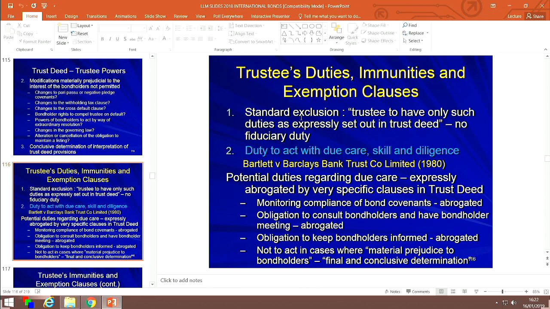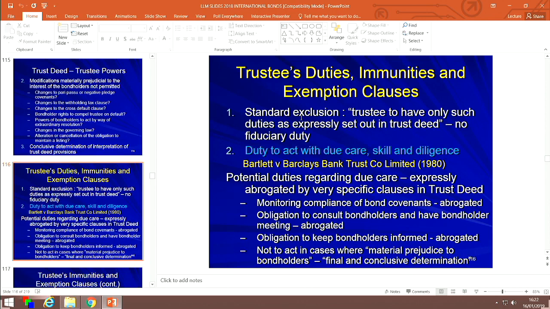Three, the general obligation under the common law that a trustee must keep the beneficiaries properly informed. In this case, that means the bondholders. An express clause says the trustee has no obligation to keep the bondholders informed in any way about anything about the trust or the bond issue.